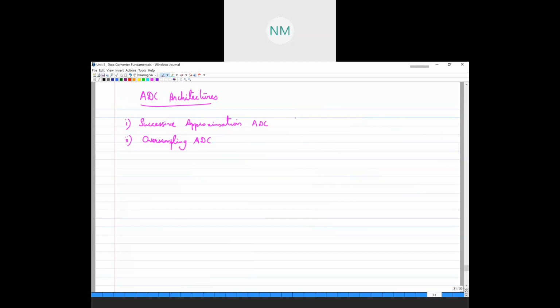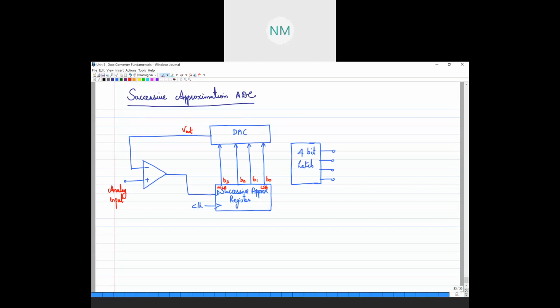We have two ADCs in our syllabus. One is the successive approximation ADC, and the other one is the oversampling ADC. So we have two ADCs to learn. In today's class, we will start with the successive approximation ADC. Okay.